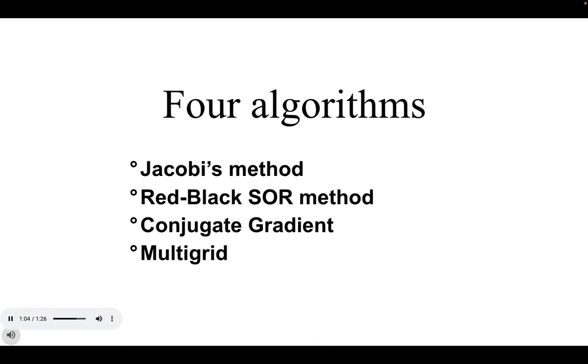It applies to a very broad set of systems of linear equations. And finally, we get to the most optimal algorithm, called multigrid, which has to operate differently in order to converge much faster, and so it requires different techniques.